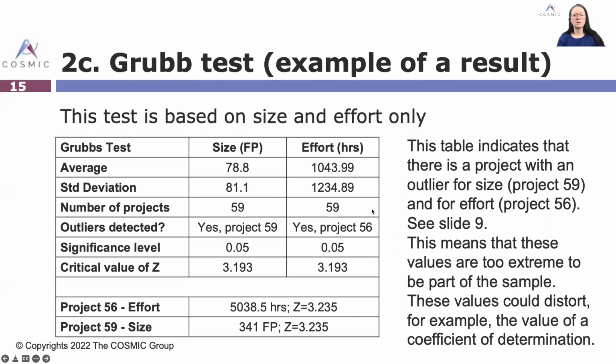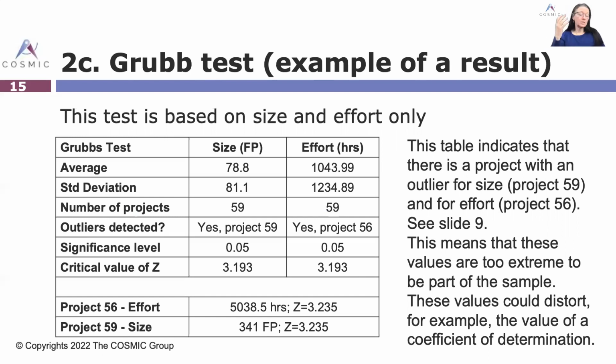We redone the process, the Grubbs test, with the effort, and it found out that project 56 was also an outlier. Now, it's up to you. If you remove the outlier and look back at your coefficient of determination, if the difference is negligible, like less than 5%, then you could leave your project in.